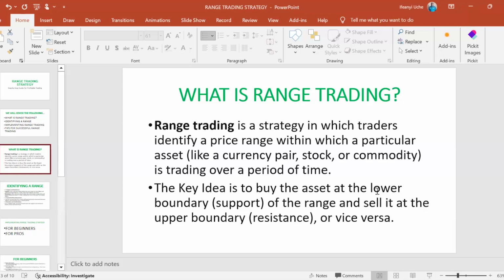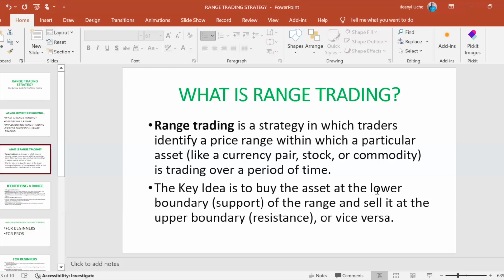Now, I did a little study between 2010 and 2020 on a currency pair like Euro USD, on the 1 hour time frame: what percentage of the time was Euro USD ranging, and what percentage of time was it trending? Guess what?